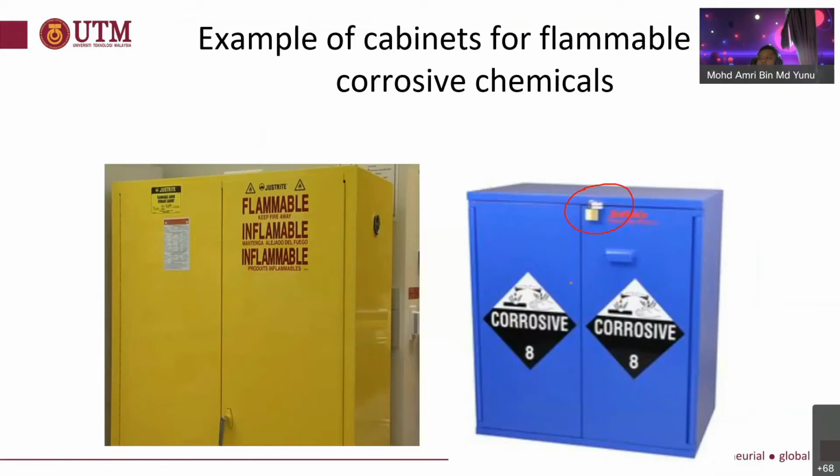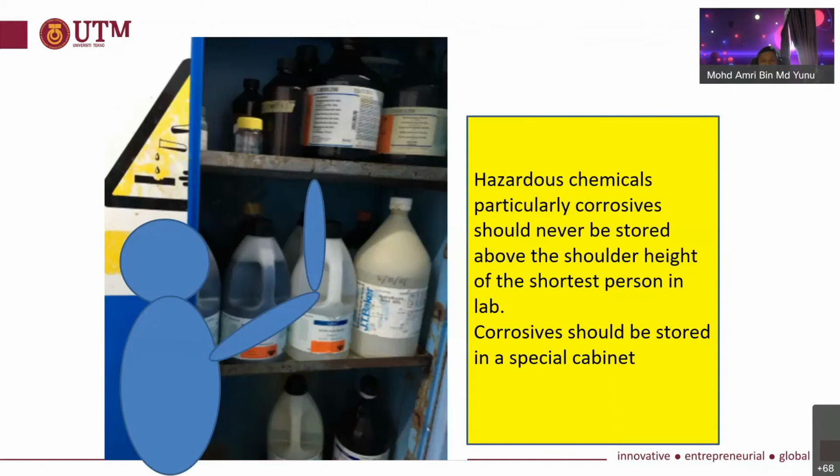I think UTM has a centralized chemical lab. If the chemical is technically very dangerous or carcinogenic, for instance, they will ask you to keep the chemical in a centralized place. So this is more like common sense.